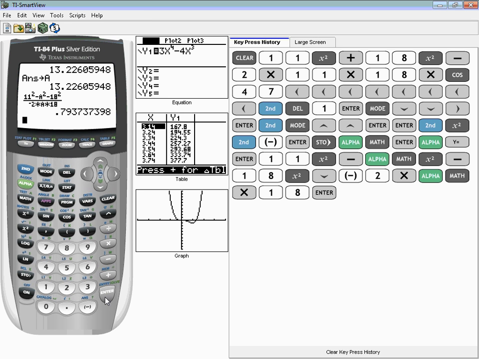Guys, is that decimal your angle? No. What do you think you have to do with that? All right, so inverse cosine of that.